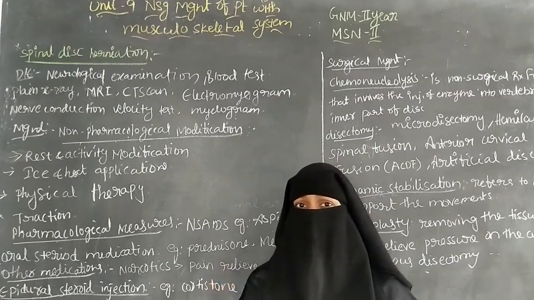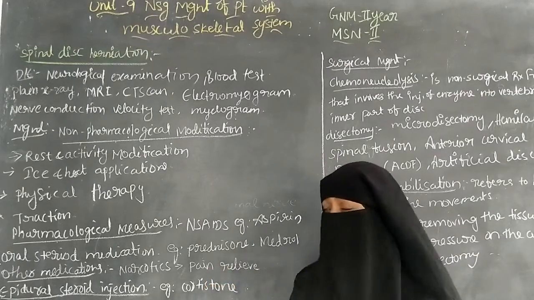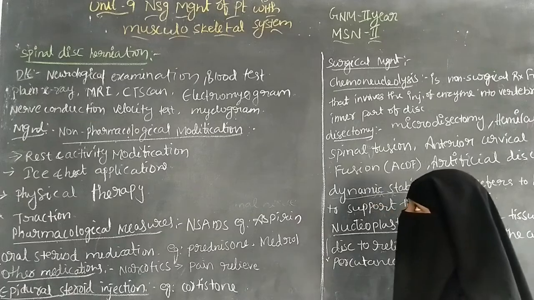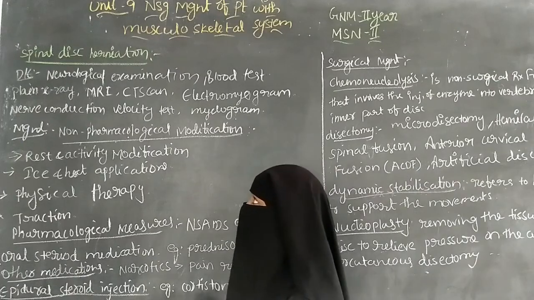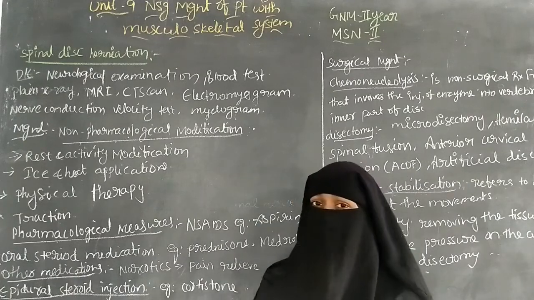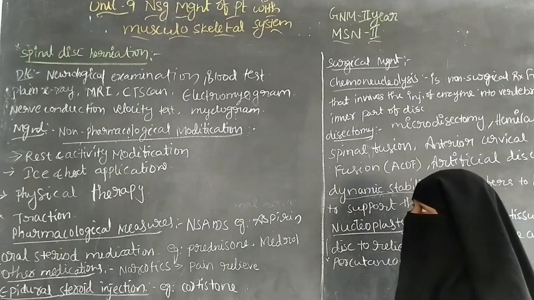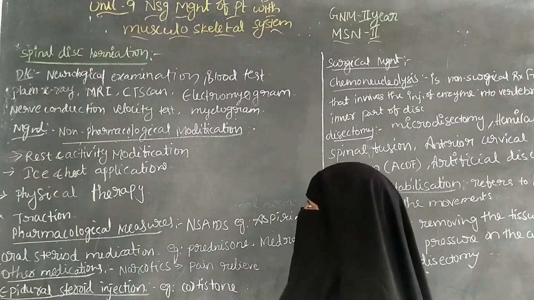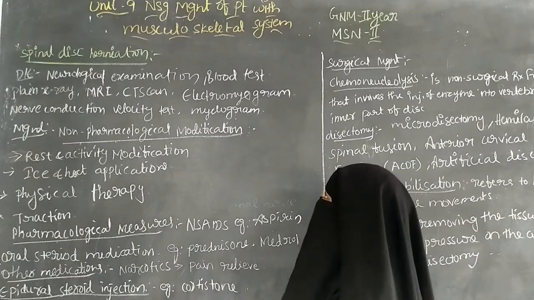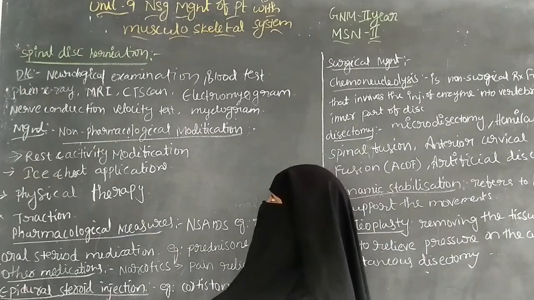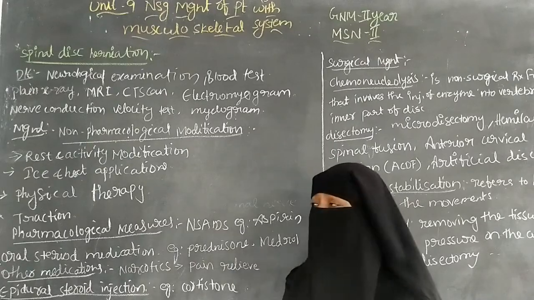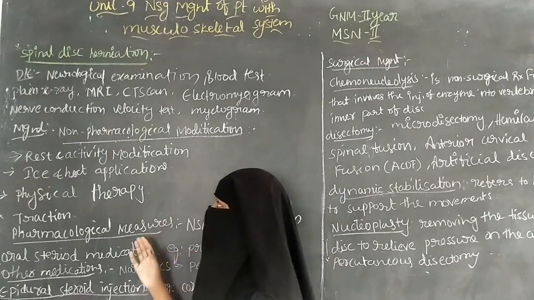It is an injection directly introduced into the spinal cord to know the disc herniation. So the diagnostic evaluation of spinal disc herniation includes the neurological examination, blood test, plain X-ray, MRI, CT scan, electromyogram, nerve conduction velocity test and myelogram.